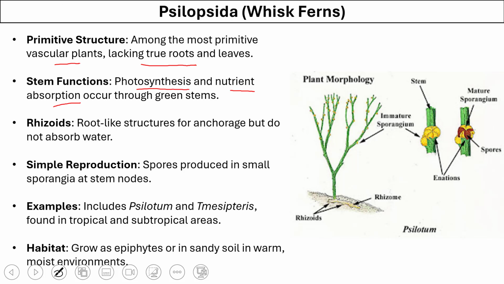They also have rhizoids, which are the root-like structures that help them in anchorage but do not really absorb any water. The spores are produced in the small sporangia which are present at the stem nodes. The common examples of this division are Psilotum and Tmesipteris.